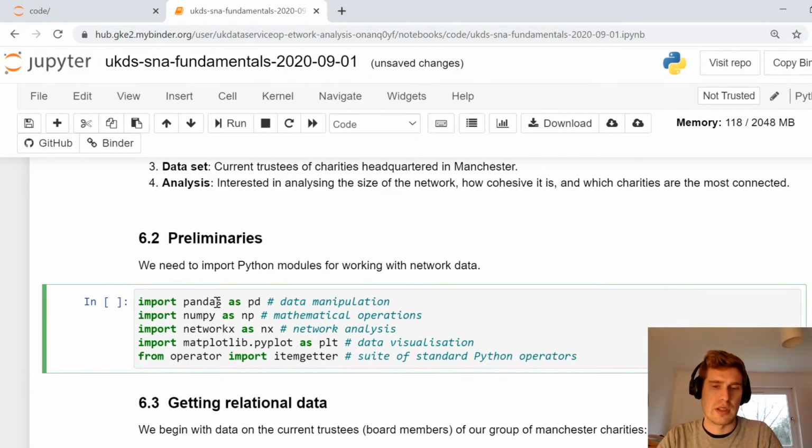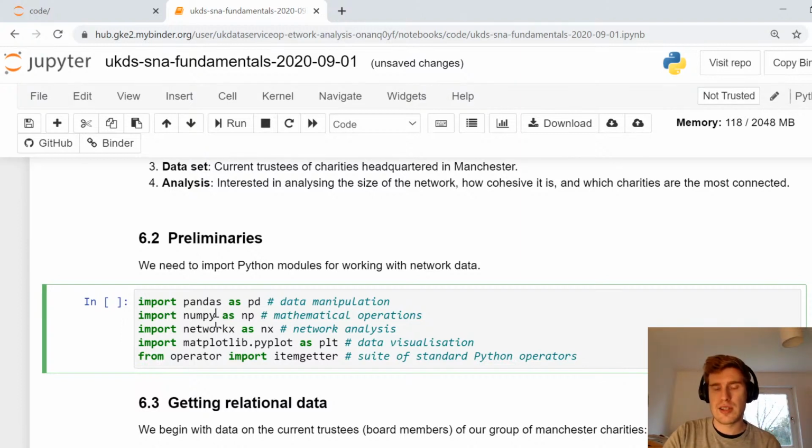It's incredibly useful. We're going to make good use of it today. NumPy is for conducting mathematical operations in Python, more advanced than just adding, summing, multiplying, dividing, etc. We can do more complex mathematical operations.